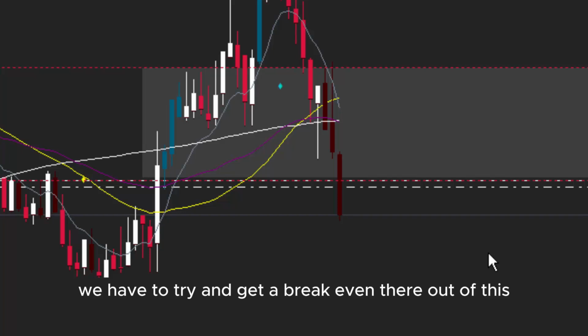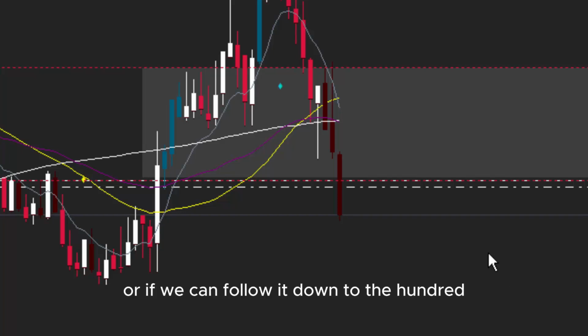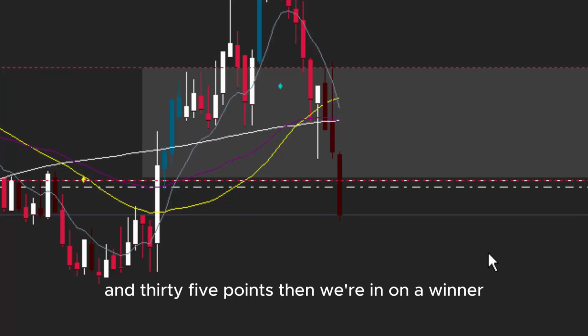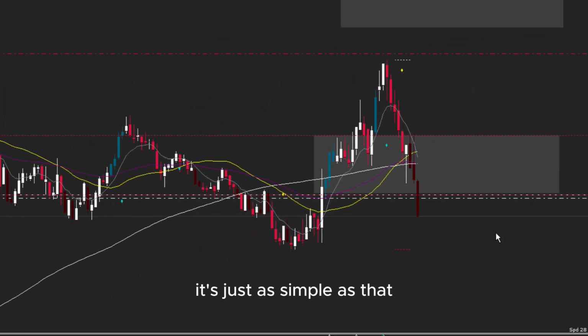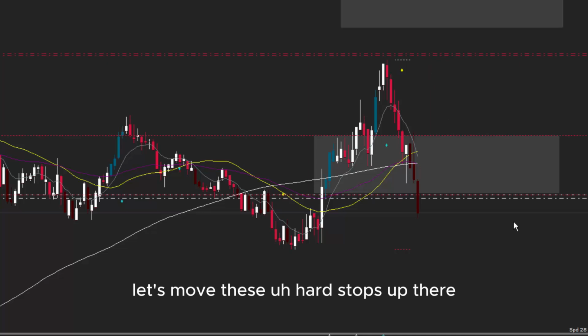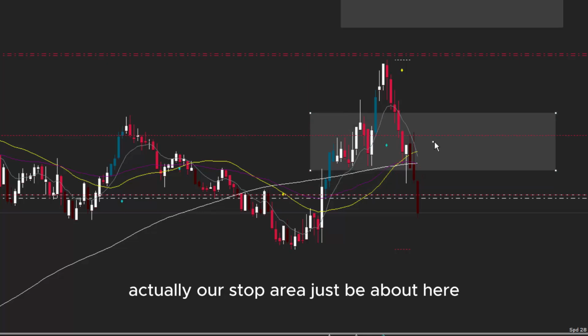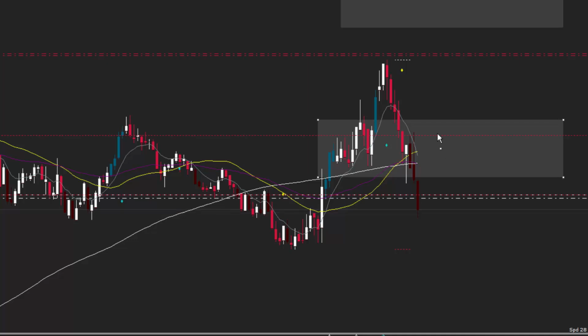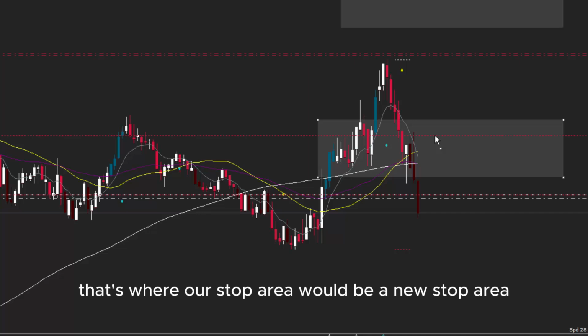We have to try and get a break even day out of this, or if we can follow it down to the 135 points, then we're on a winner. It's just as simple as that. Let's move these hard stops up there. Actually, our stop area would be about here. That's where our new stop area would be.